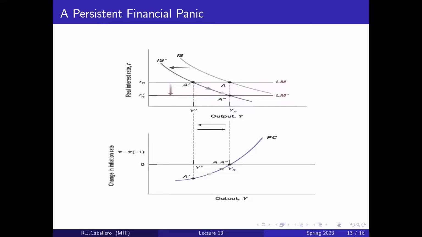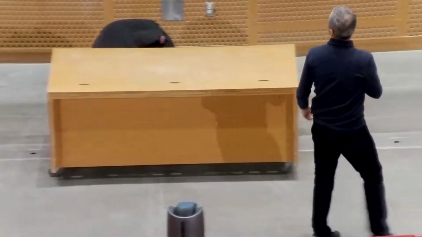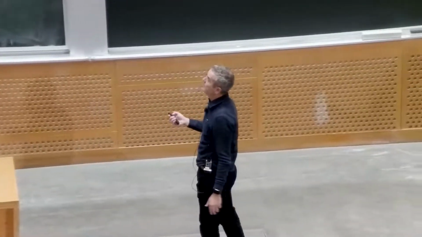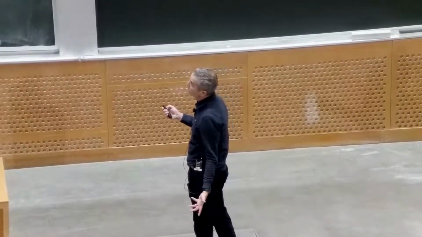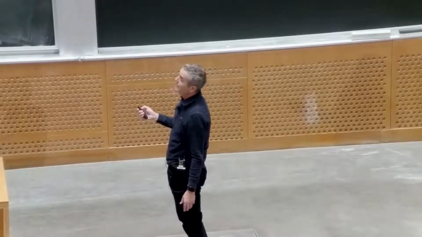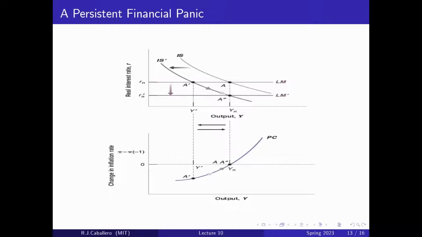The safe interest rate doesn't go up, but what goes up is the cost of borrowing, because firms need to pay this extra risk premium. For any given safe real interest rate, firms have to pay more, which means there is less investment for any given level of the real interest rate, and so the IS moves to the left. And if that happens, then you start getting deflationary forces.